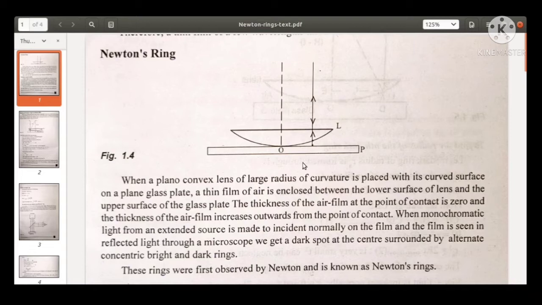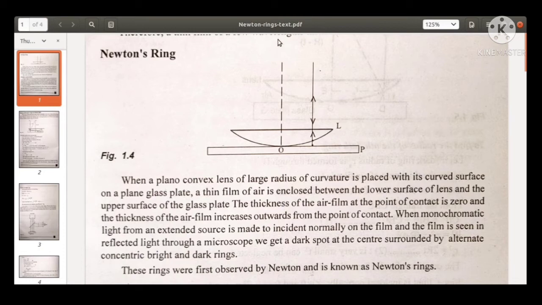When a monochromatic light from an extended source is made to be incident normally on the film, and the film is seen in reflected light through a microscope, we get a dark spot at the center, surrounded by alternate concentric bright and dark fringes.